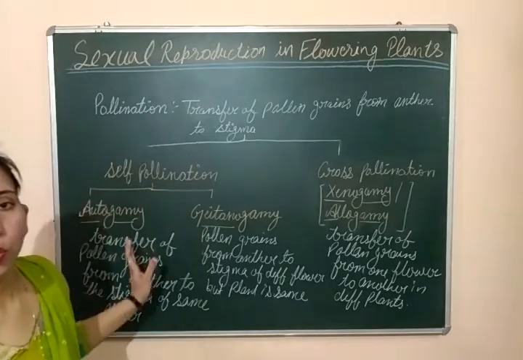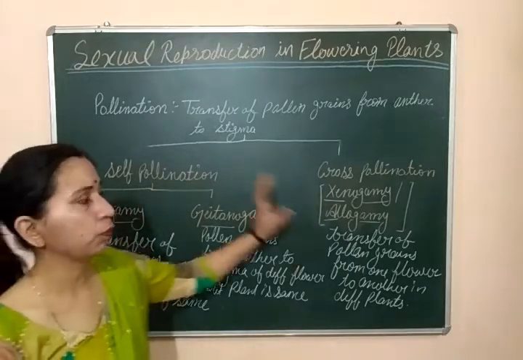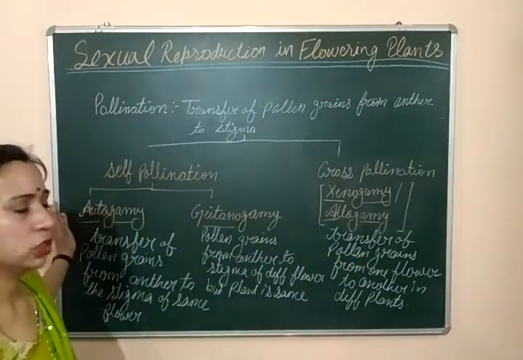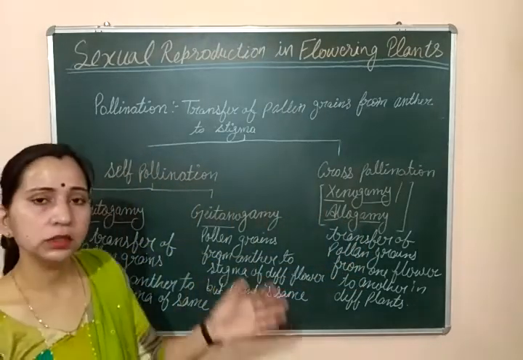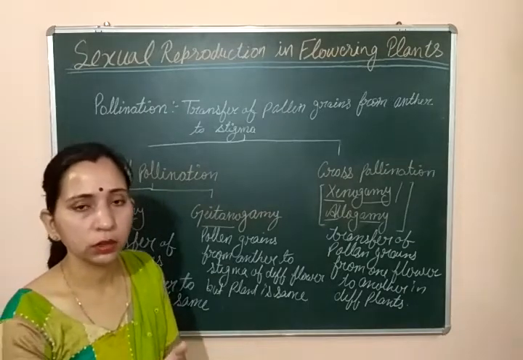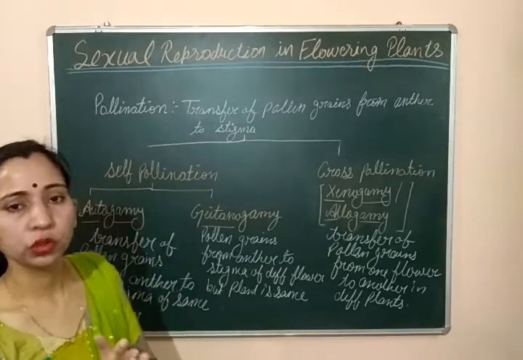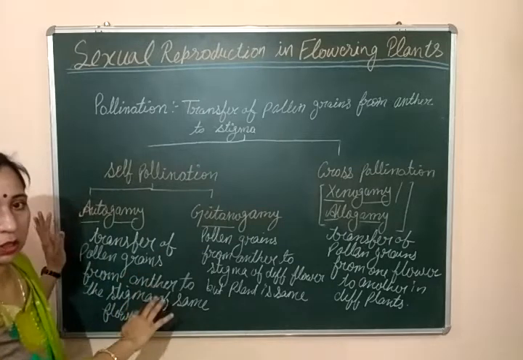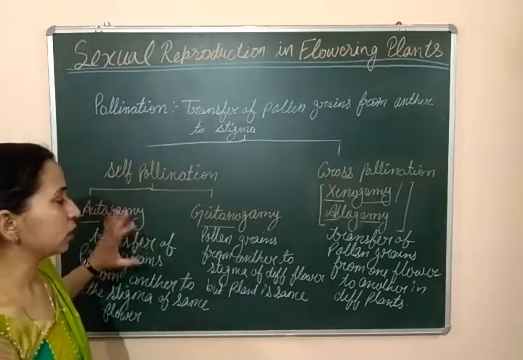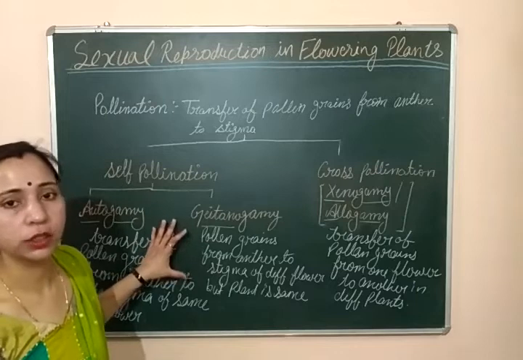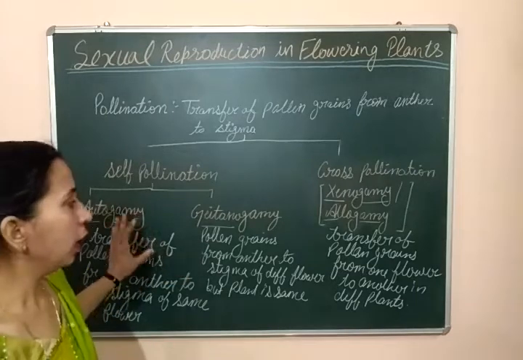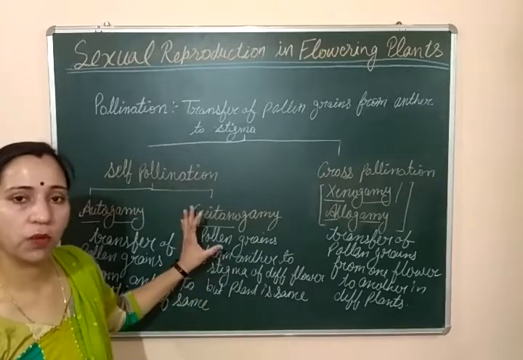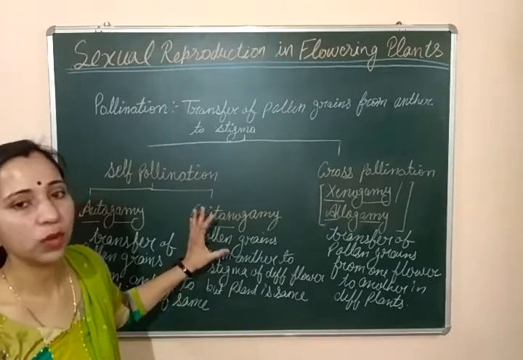Here, the chances of pollination are much more than in cross-pollination, because pollen grains and stigma both lie together. They are very near each other, and within one flower this process is done. So it gives an assured pollination process.